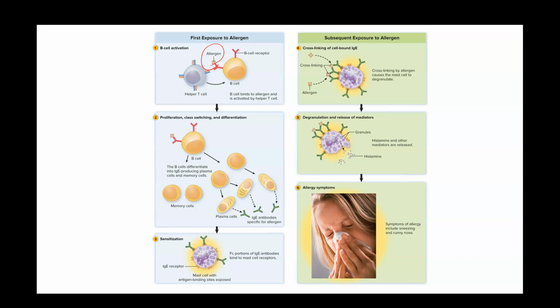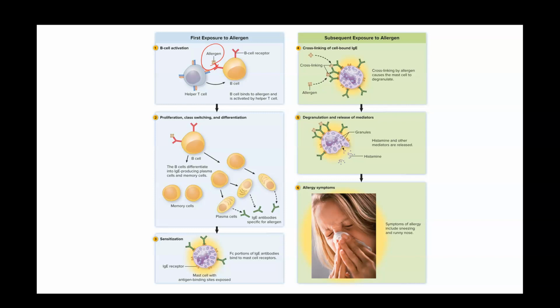However, these antibodies are going to find their way to a mast cell, and I think they can bind to basophils as well. But mast cells are enough. Mast cells will bind the Fc portion of these IgE antibodies, and now this cell with this antibody complex can last for a pretty long time.